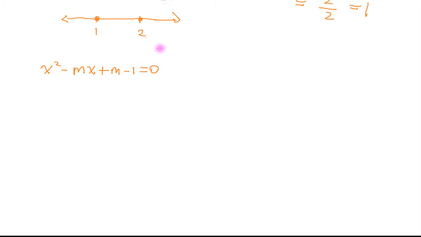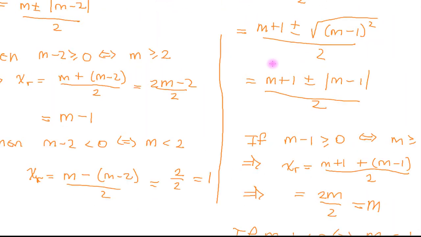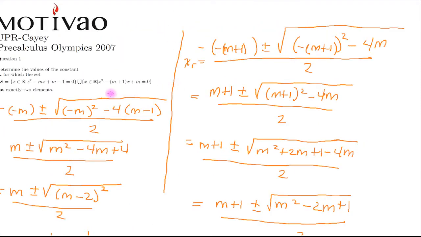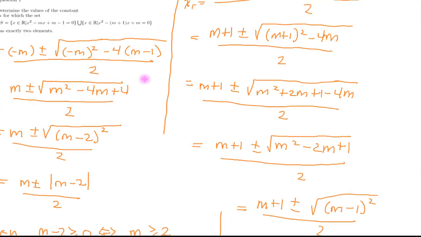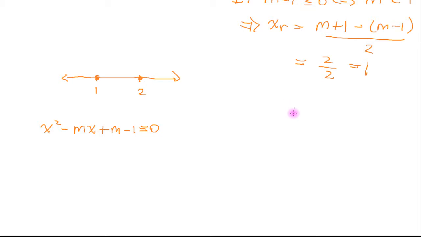And the second polynomial is x squared minus (m plus 1)x plus m equal to 0.